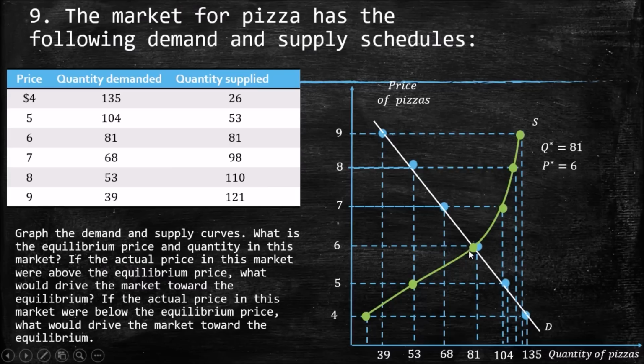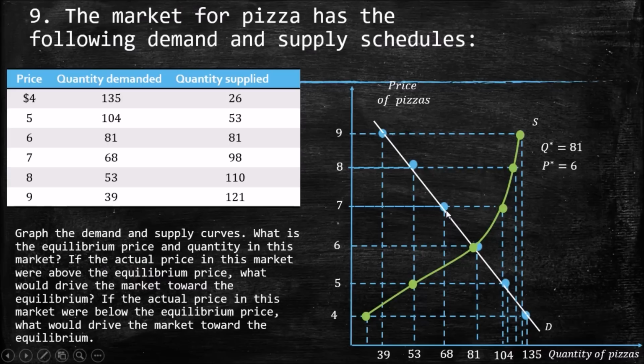Okay, on the other side, when we are, for example, at $7 and we have just 68 pizzas, in this case there's going to be an excess of supply. So there's a stock of pizzas that just go to waste because they are there but no one buys them.